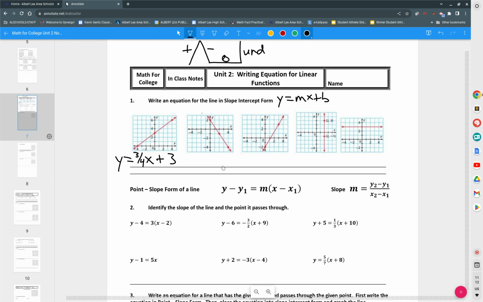The next one, we have y is equal to, and I'm going to start with my slope. What's the slope? I heard a negative 3 over 2 said confidently, and that is correct. And I have plus 2 for the y-intercept.